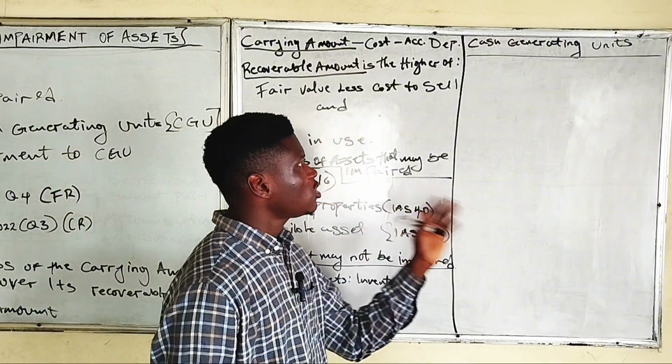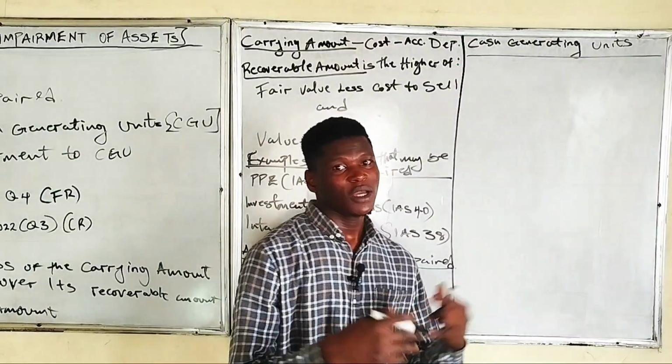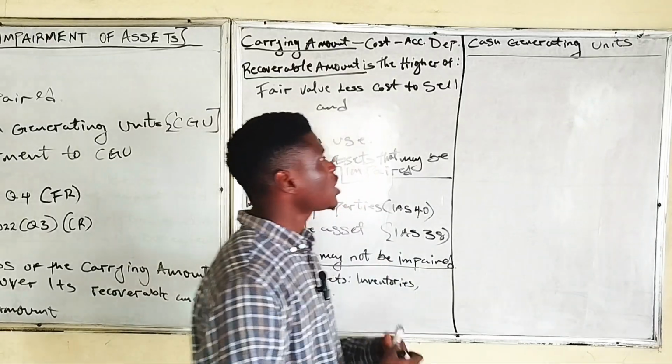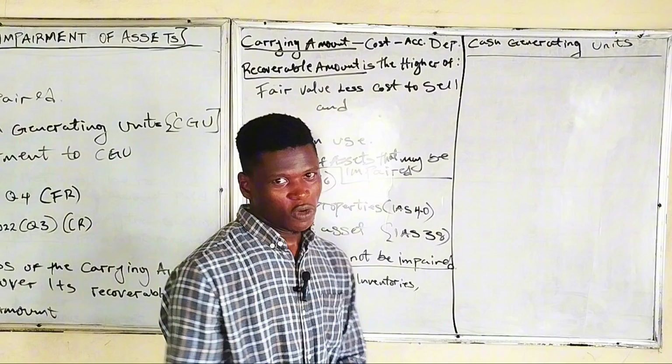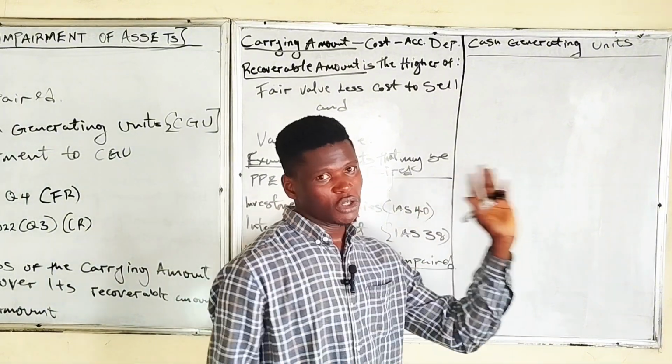Again, I repeat that cash generating units are the smallest unit of identifiable net assets, which generates cash flows into the entity independently from other groups of assets. So that's cash generating units.